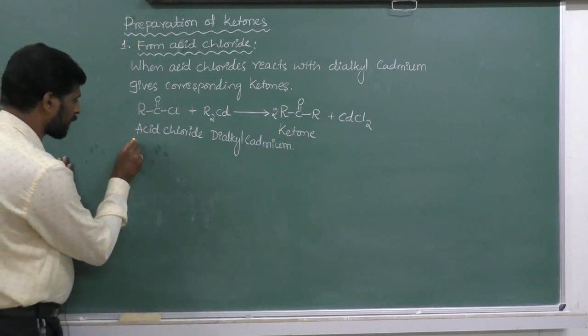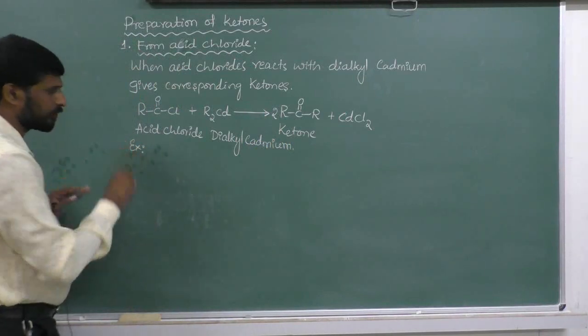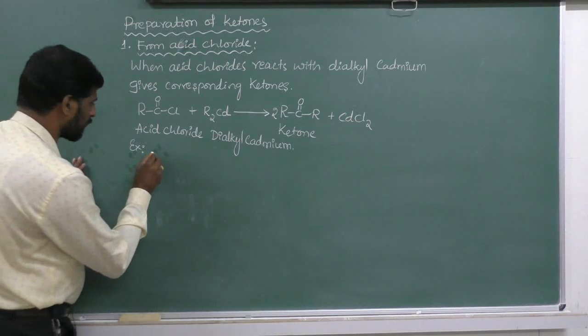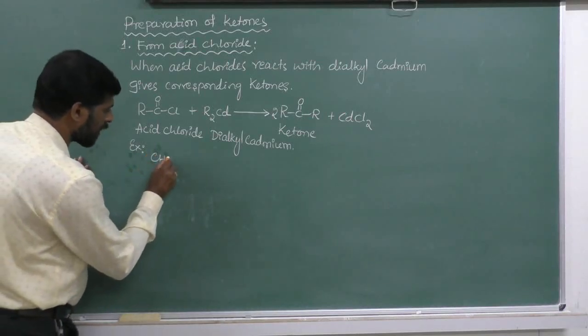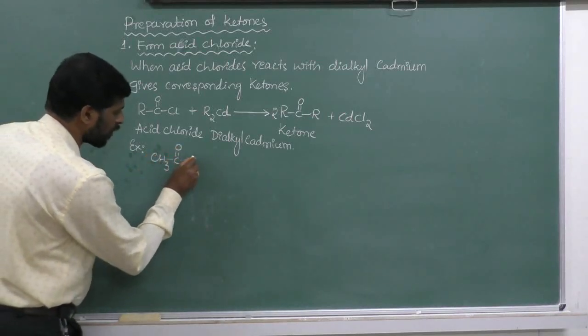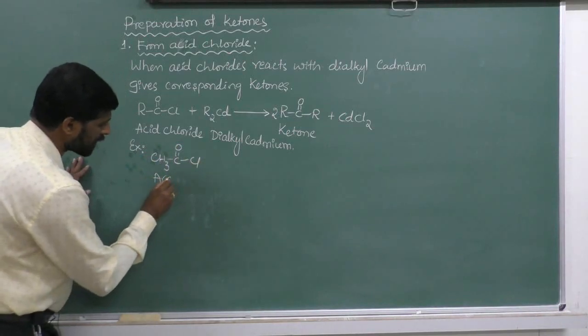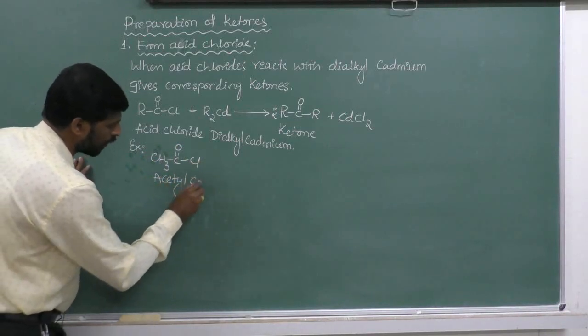Now we will see the examples. Okay, example: CH3COCl. What is this? Acetyl chloride.